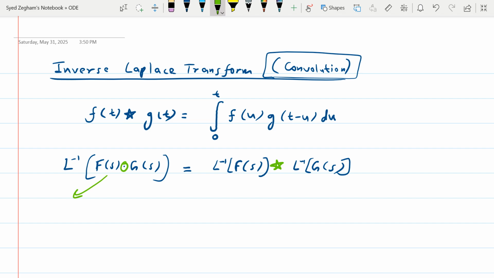F(s) and G(s) are actually the Laplace transforms of the functions f(t) and g(t) respectively. F(s) denotes the Laplace transform of f(t) and G(s) denotes the Laplace transform of the function g(t).